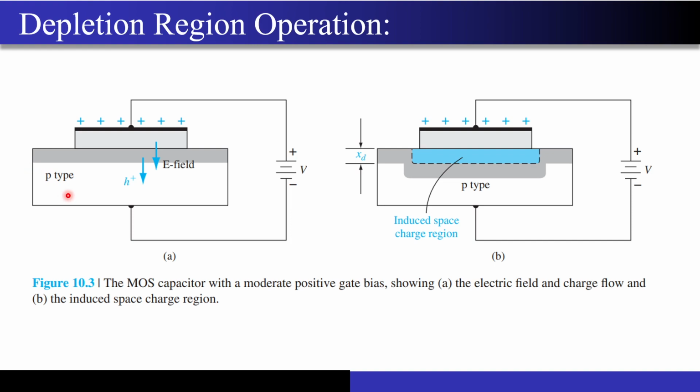Whatever impurities you have brought, for example, something like boron to get this p-type doping, whatever holes those impurities brought, those holes will be pushed deep into this semiconductor. What you will be left with over here are immobile impurities, immobile ions, completely ionized, but they cannot move at all. So you will be left with negative immobile charges present over here, and that's how this electric field is getting terminated, because the electric field needs both.